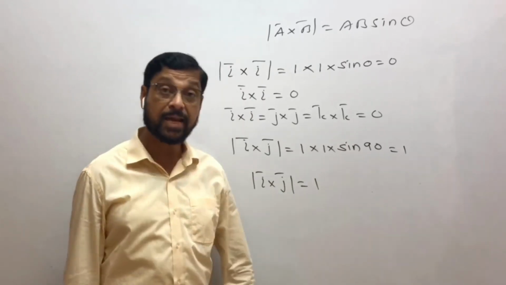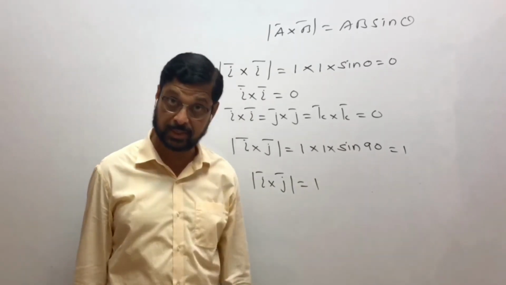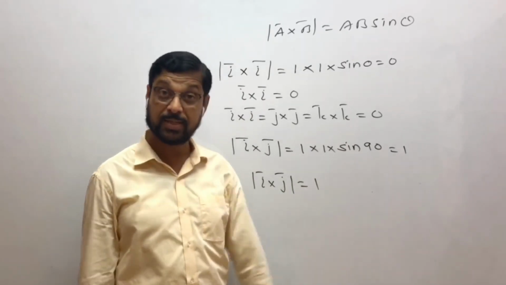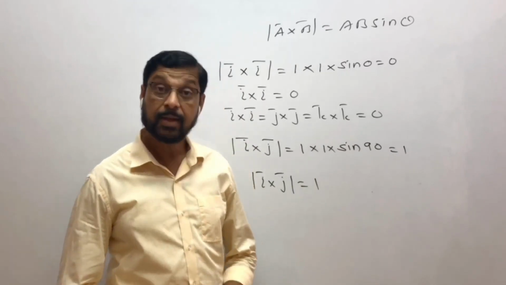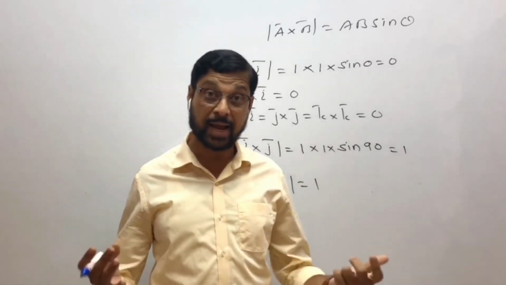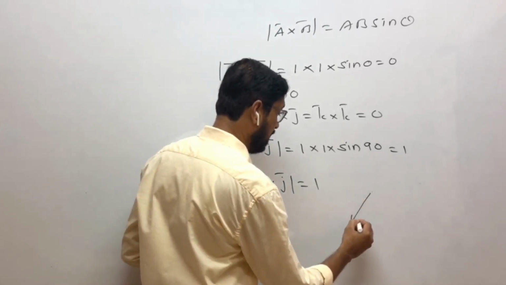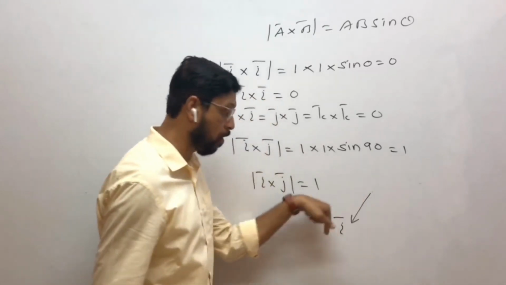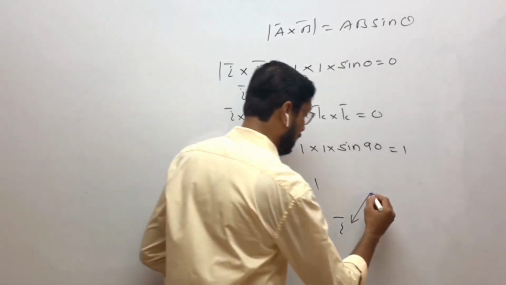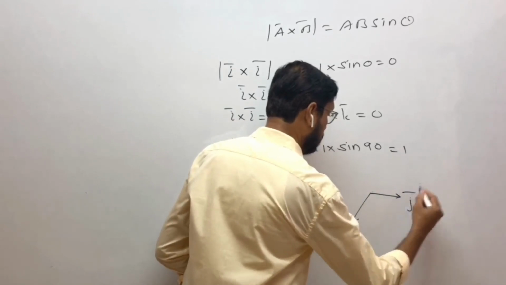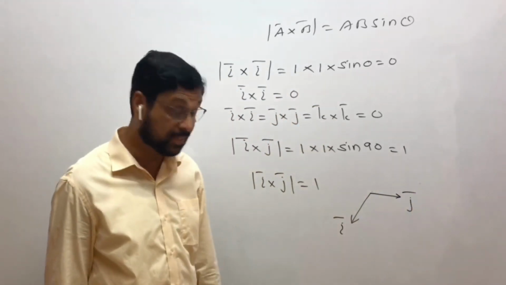What will be the direction of that cross product? How will we find it? By right-handed screw rule. So I is the unit vector along x-axis. J is the unit vector along y-axis.